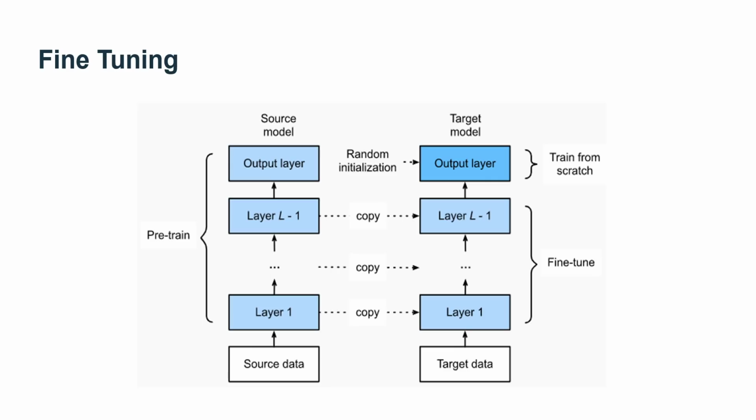Fourth, train the target model on the target dataset, such as a chair dataset. You will train the output layer from scratch, while the parameters of all remaining layers are fine-tuned based on the parameters of the source model.